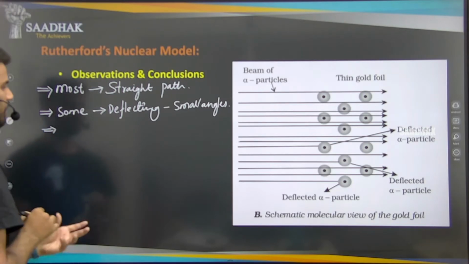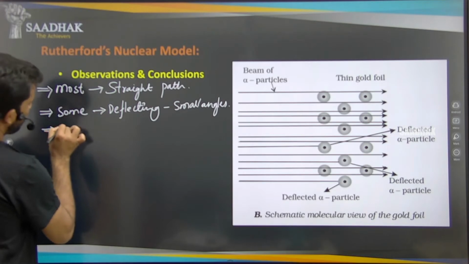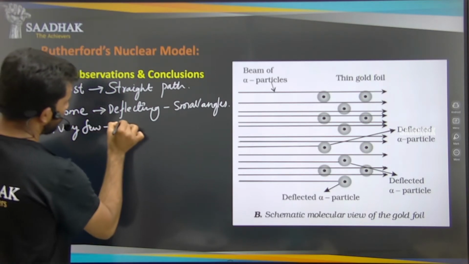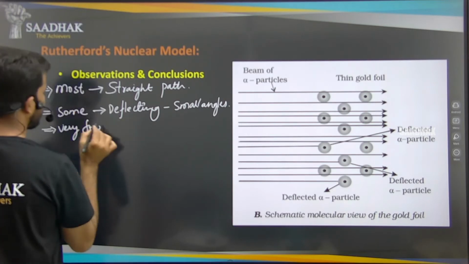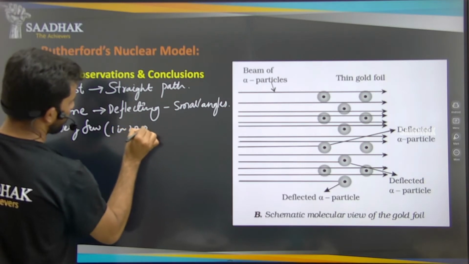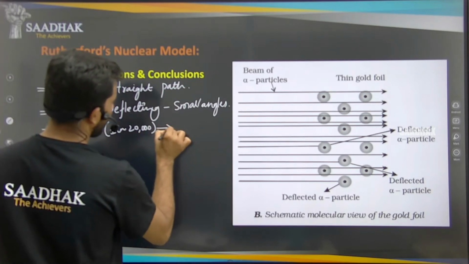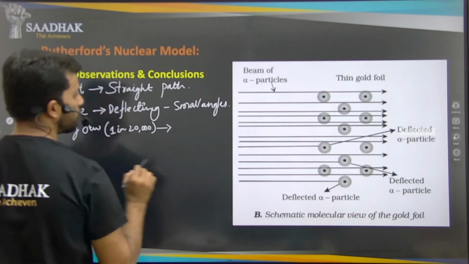And the third observation that he made is very few alpha particles, in number that is 1 in 20,000 alpha particles, right, are bouncing back.